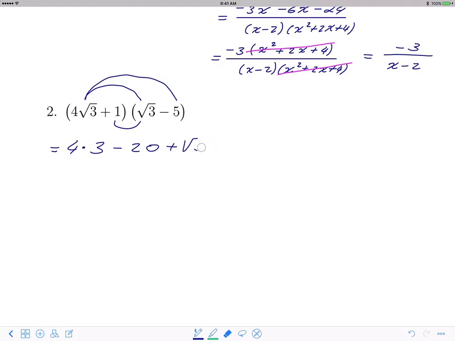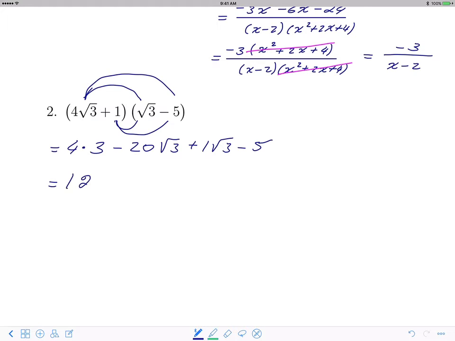Oh, we're missing a square root of 3 here in the second factor. So let's do that again. 4 square root of 3 times 5 is actually minus 20 square root of 3. There we go. And then this term is plus 1 square root of 3, and then finally minus 5.